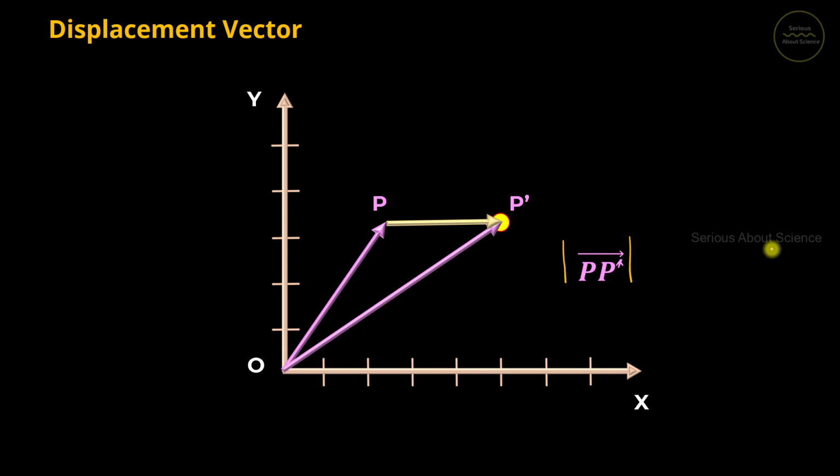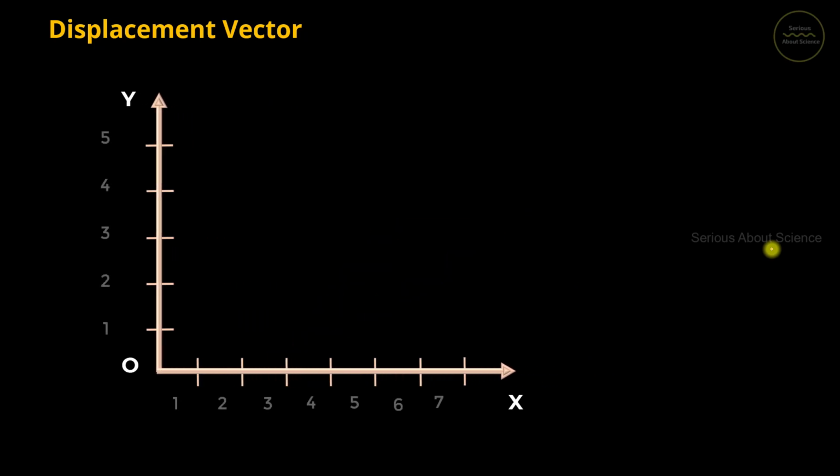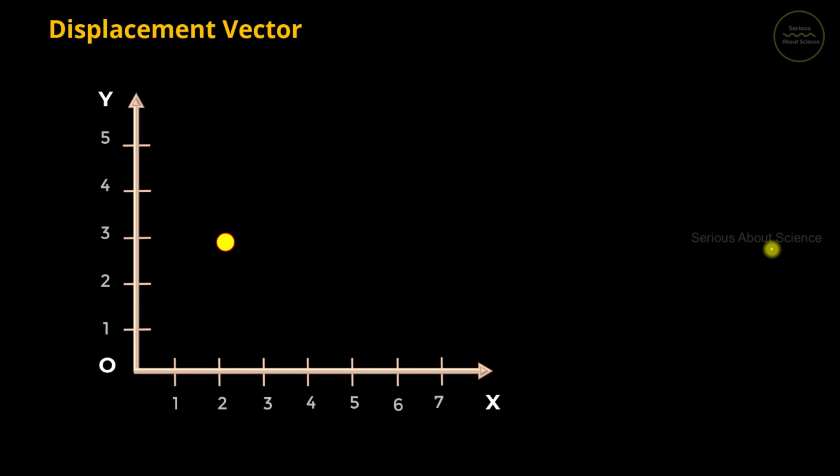Now let us see an example for this case. So at time t, the position of a particle is here, and it is given by (2, 3). Now if I join a vector from the origin to this point, we will get the position vector, that is OP. I can write vector OP is equal to 2 i cap plus 3 j cap.